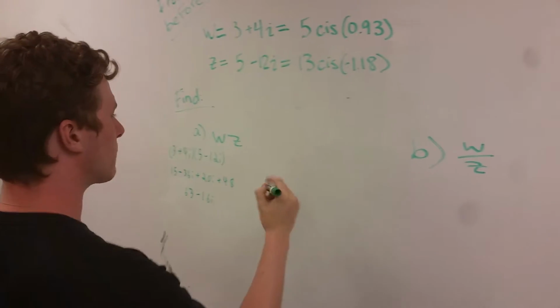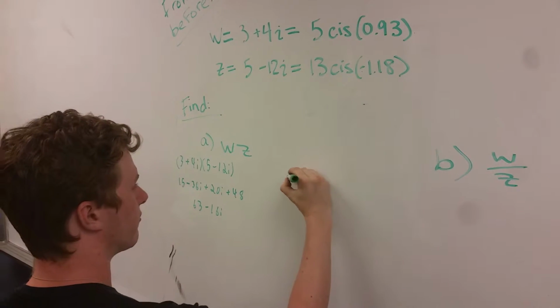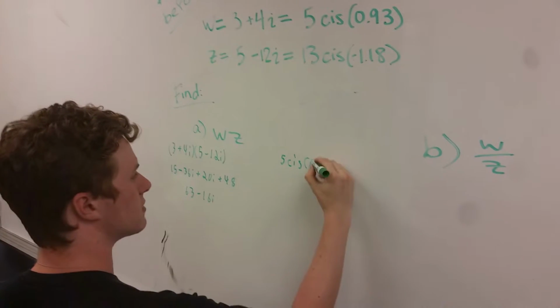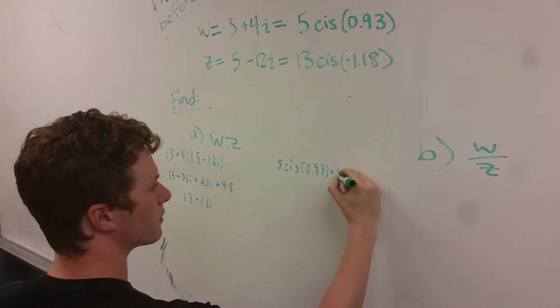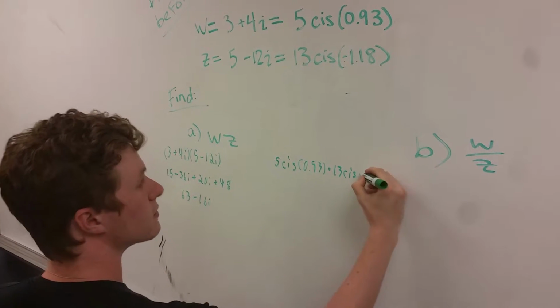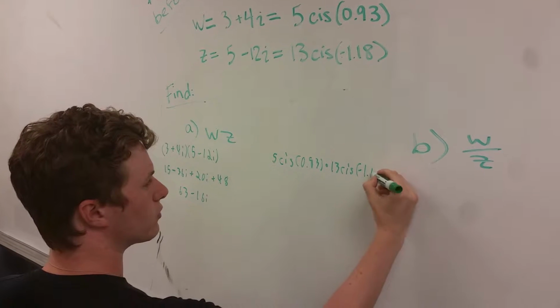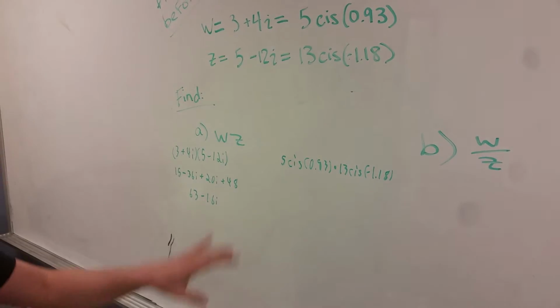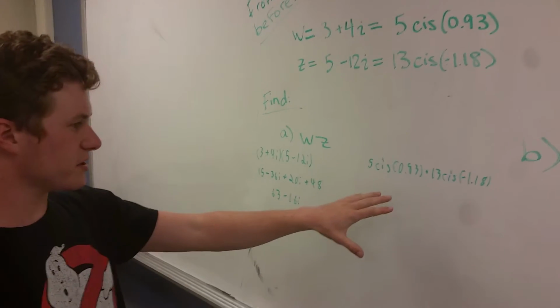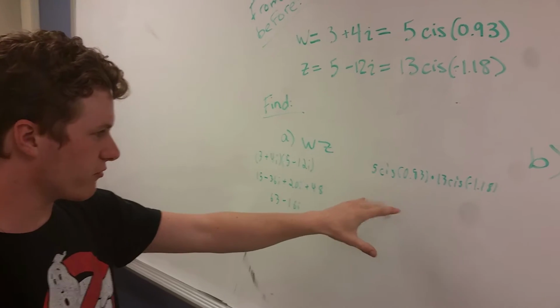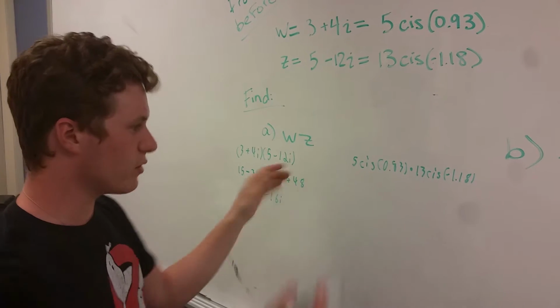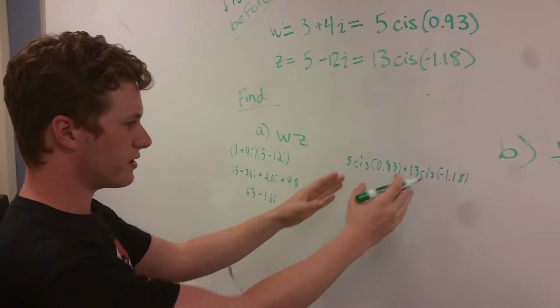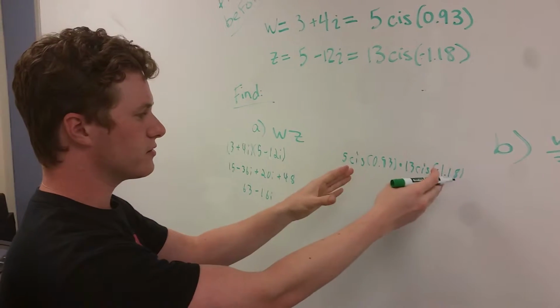So now to do this in polar, that is 5 cis 0.93 times 13 cis negative 1.18. And to work with multiplication of imaginary numbers in polar form, what you do is you take the modulus first and you multiply those together, and if you're multiplying, you add the two arguments together.